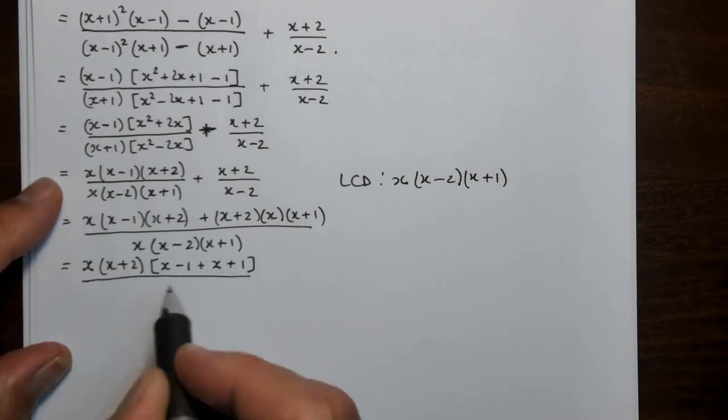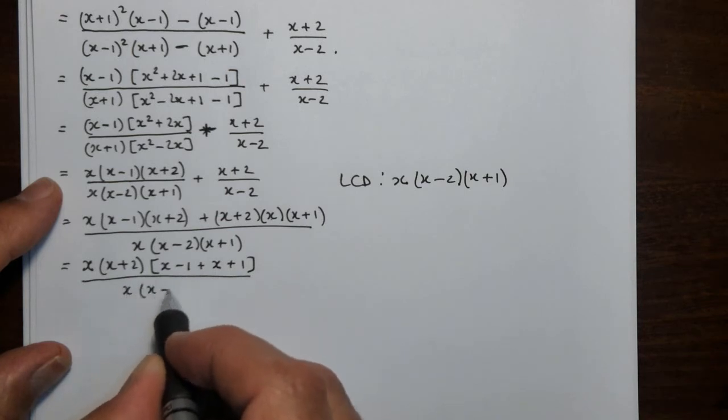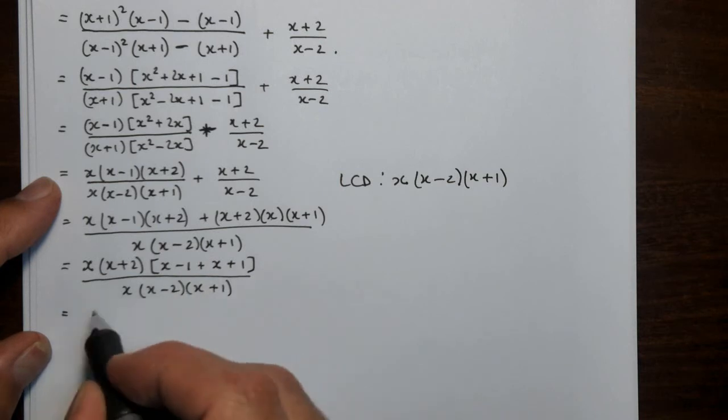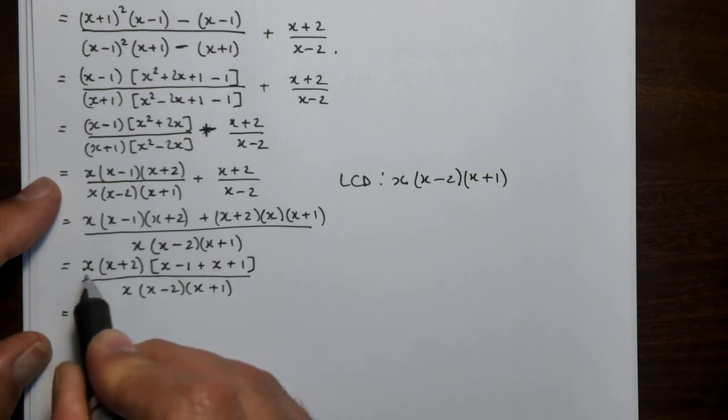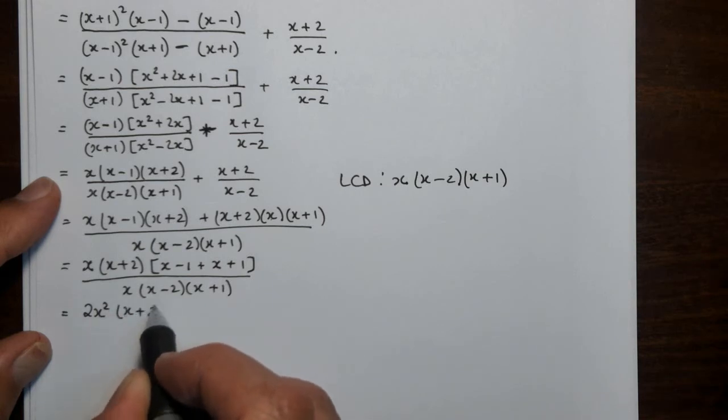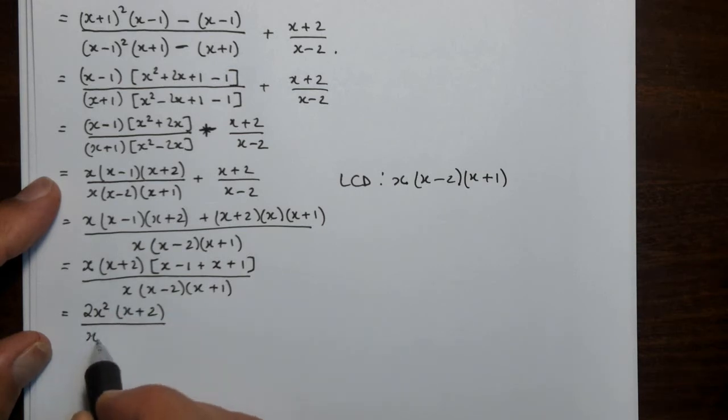All of that divided by x, (x minus 2), (x plus 1), and finally I get 2x times that x is 2x squared, (x plus 2) over that LCD.